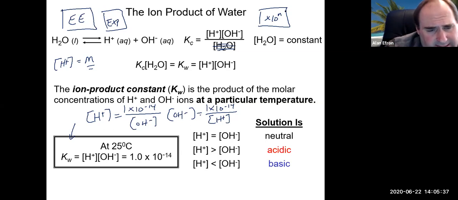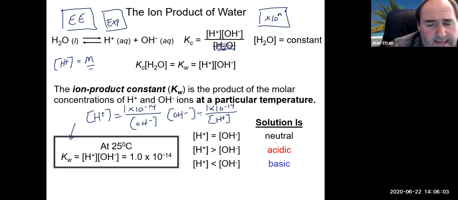But back to Kw, we can use it to solve for either the H plus or the OH minus concentration. Depending on what you get, that tells you what type of solution you have. If the H plus concentration equals the OH minus concentration, which by the way means they both equal 1 times 10 to the minus 7, that would be a neutral solution.